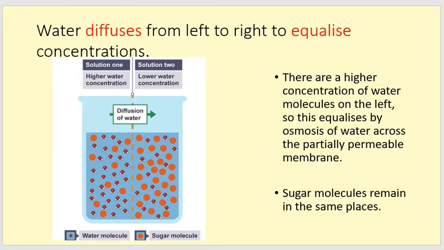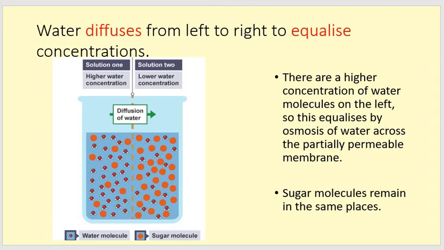Okay, so here is the same container after some time has passed, and the water diffuses from the left to right to equalize concentrations, and the diffusion of water is called osmosis. Okay, so it is a type of diffusion, but it is only involving water, and obviously the situation will tend to equalize things.